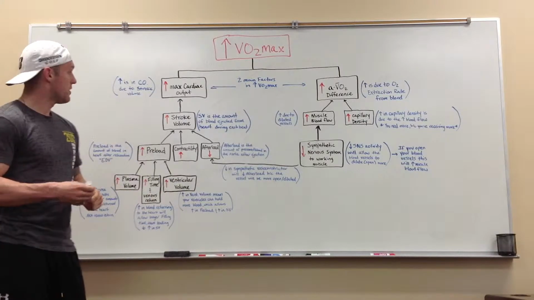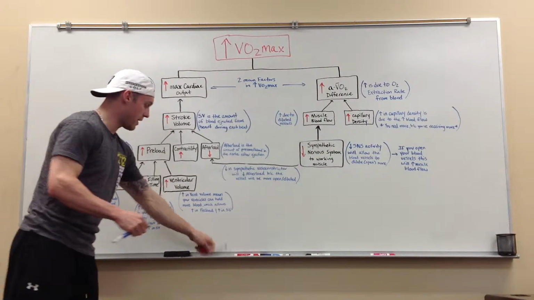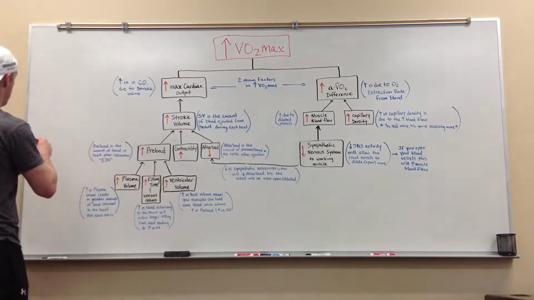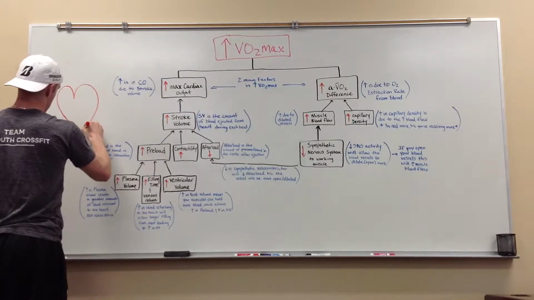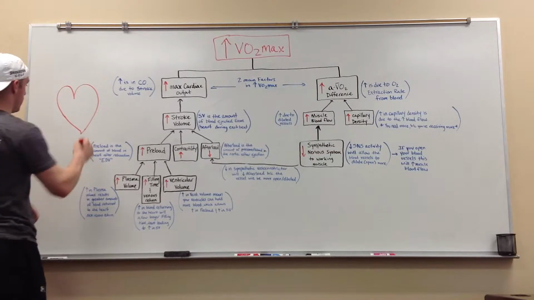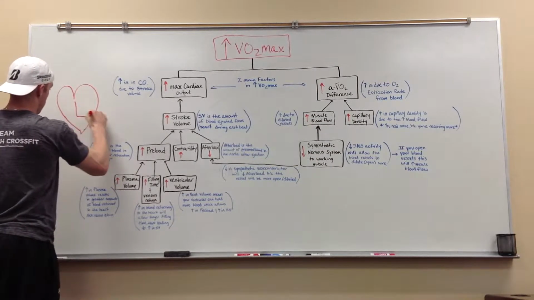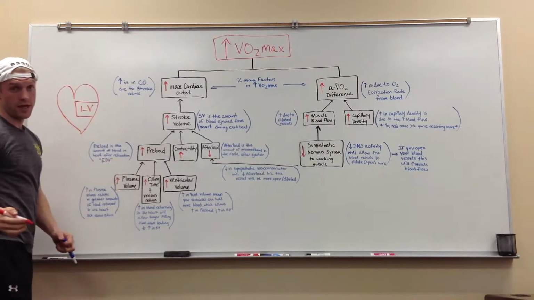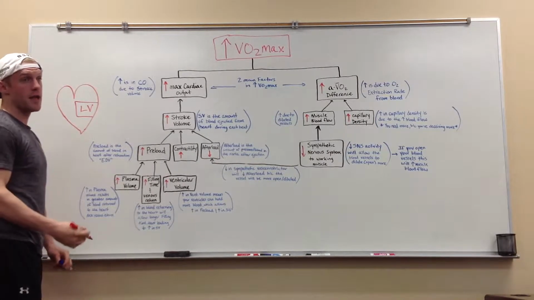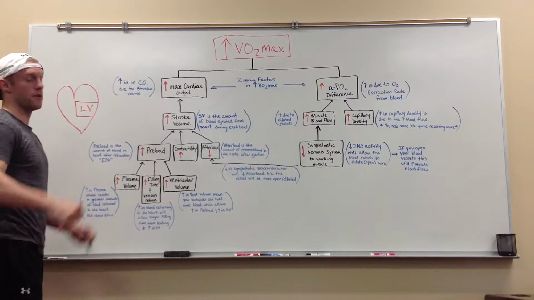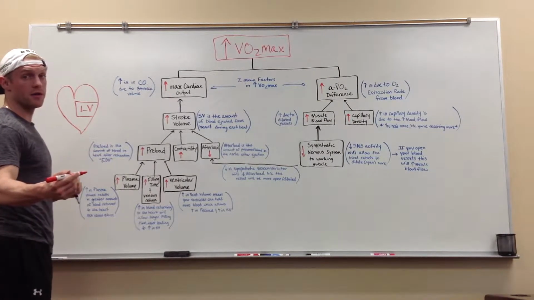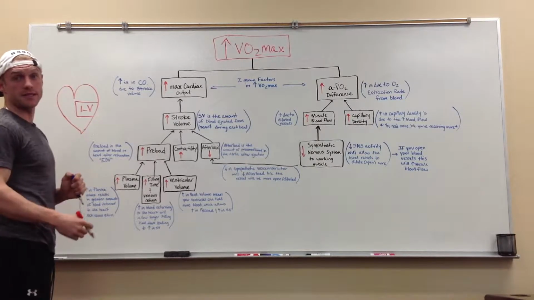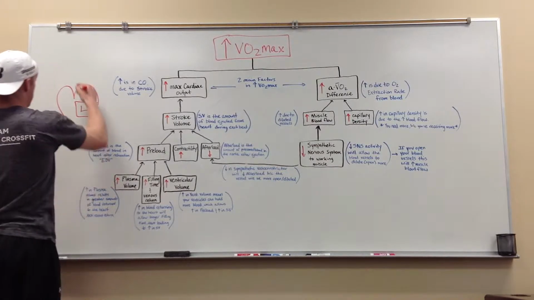So if you can picture, I'll even draw it right here just so you can get a glimpse of it. Alright, so here's my heart, okay? And right here, we'll just say, is my left ventricle, okay? And we all know that the blood that is ejected into the rest of the body comes from the left ventricle, which is like the last stop in the heart before it gets dispersed, okay?